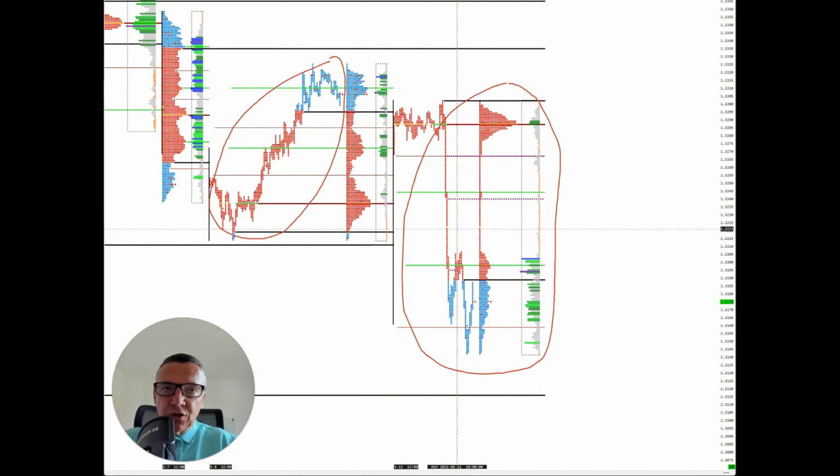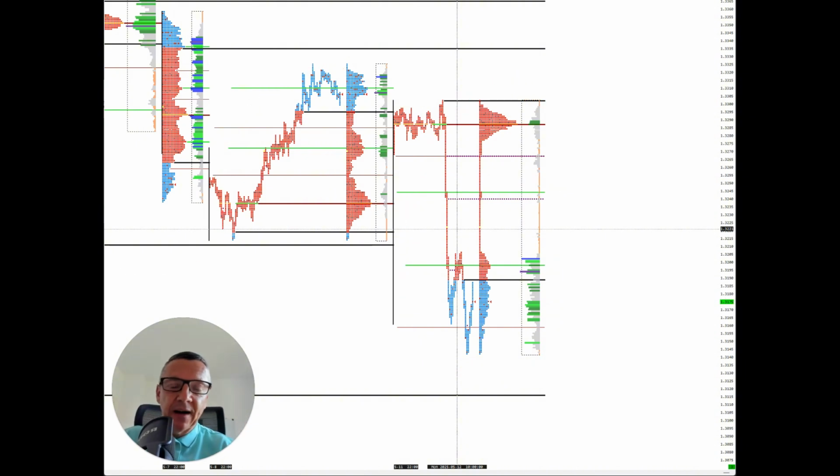Okay, so how do we actually trade profiles and what does a profile represent? The best way to explain it to a newbie is each one of these blocks, as you can see here, each one of these movements is in effect like a 15-minute candlestick.